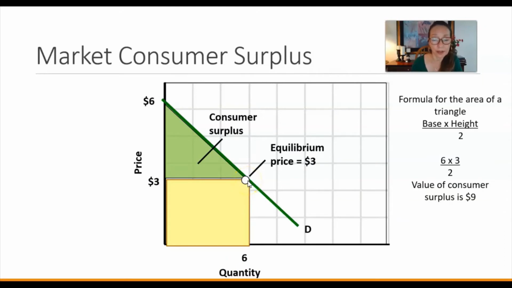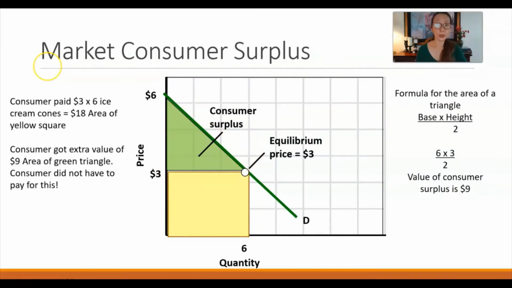So the 6 units is the base, and the height of this triangle is 6 minus 3, and that gives us the height. So 6 times 3 is 18, divided by 2 is 9. The value of this entire triangle is $9. The consumer actually paid $3 times 6 ice cream cones. That's $18. So the consumer paid $18.